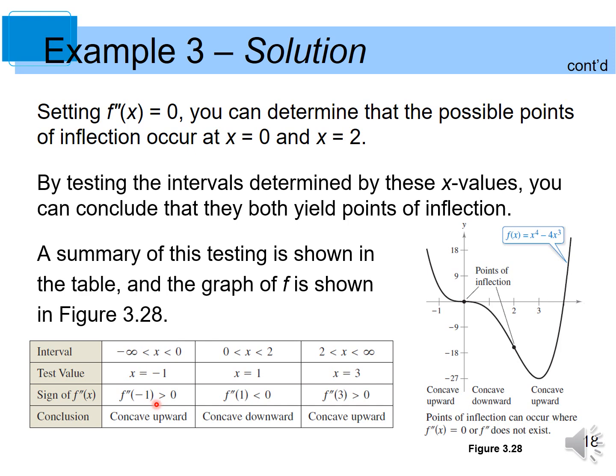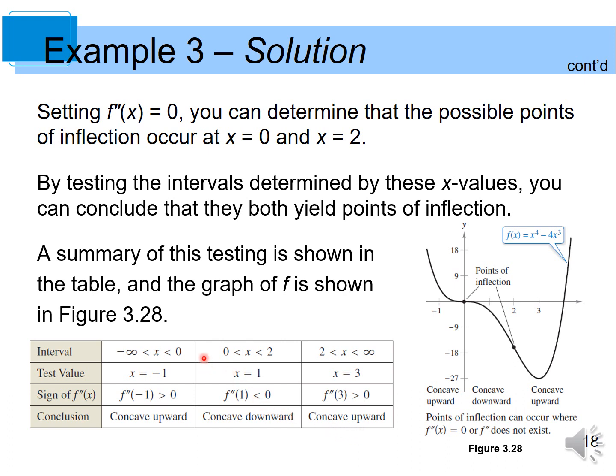So in the first interval, the curve is concave upward because f'' is a positive value, and for the second interval, f'' is a negative value, so it's concave downward. And for the third interval, f'' is a positive value, so we conclude it's concave upward.